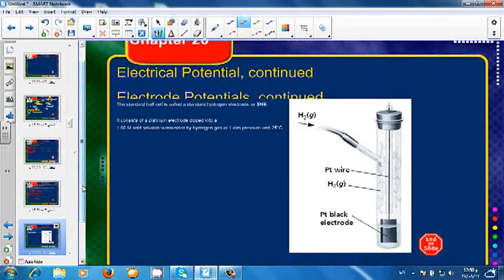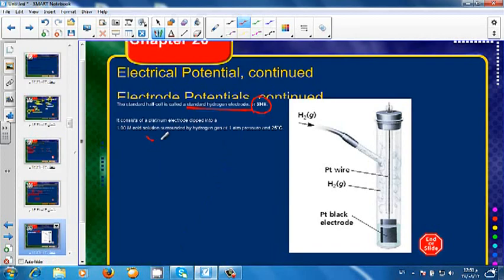Before we apply, we need to know what will be the standard potential, that electrode potential that we have to know. Its abbreviation is SHE, the standard hydrogen electrode. It consists of a platinum electrode dipped into 1 molar acid solution surrounded by hydrogen gas at 1 atm pressure and 25 degrees Celsius.